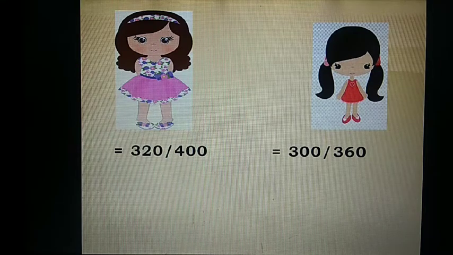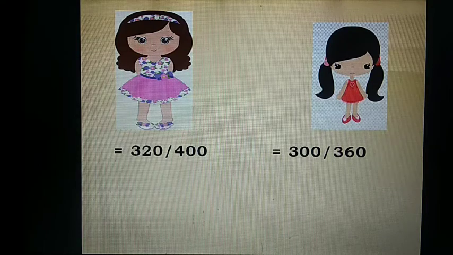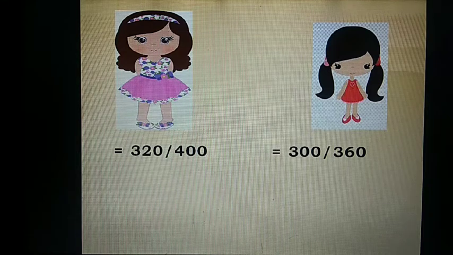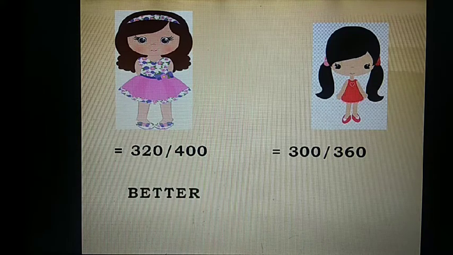Can we say that the first girl has done better as she got 320 marks, whereas Rita got only 300 marks? No, we cannot decide who has done better by just comparing the total marks obtained, because the maximum marks out of which they got the marks are not the same.